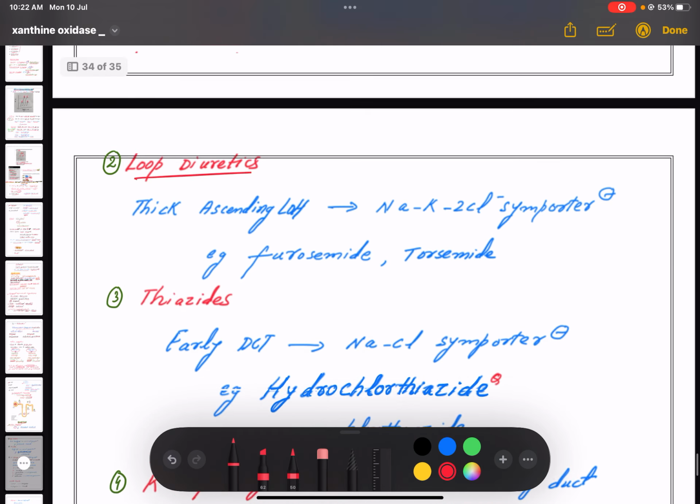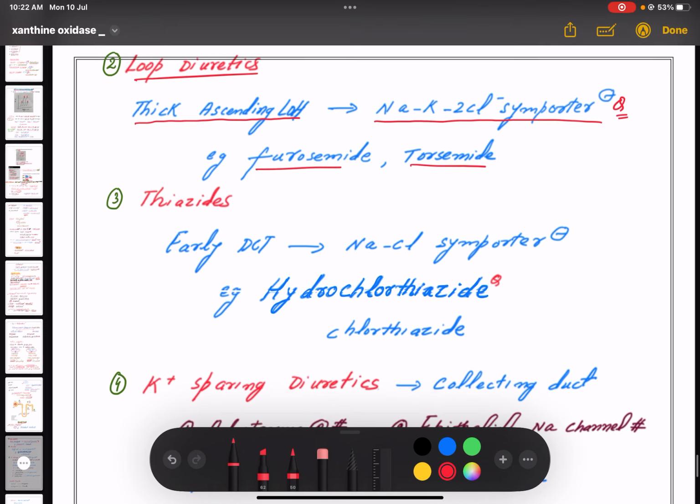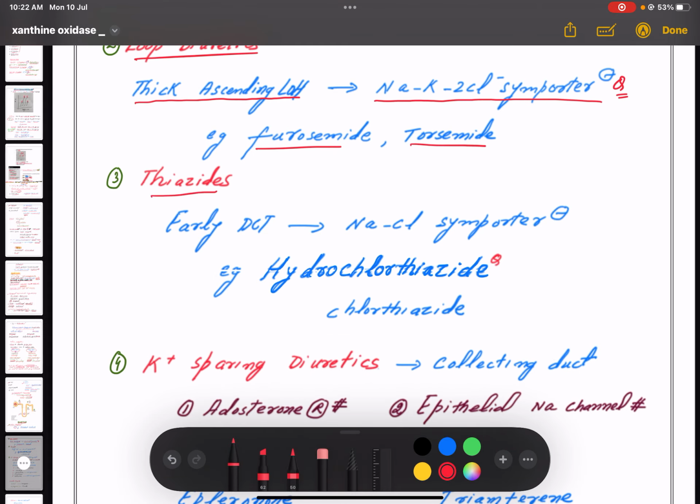Then we have loop diuretics. They work on thick ascending loop of Henle, and they inhibit sodium potassium 2 chloride symporter. Very important. And the drugs include furosemide and torsemide. Then we have thiazides.